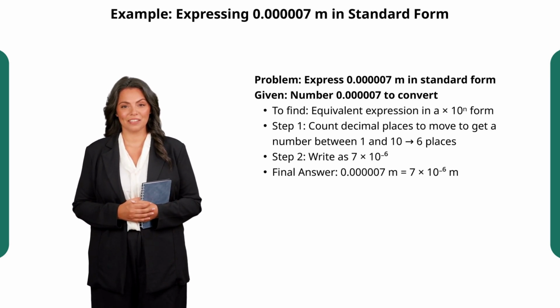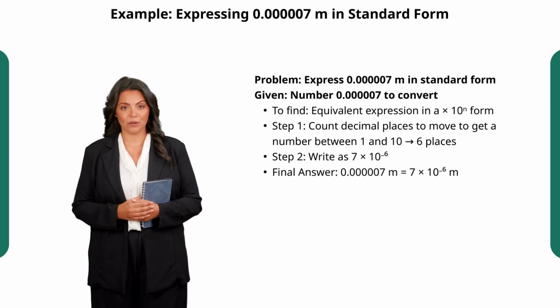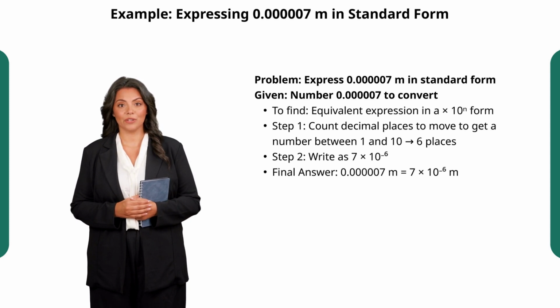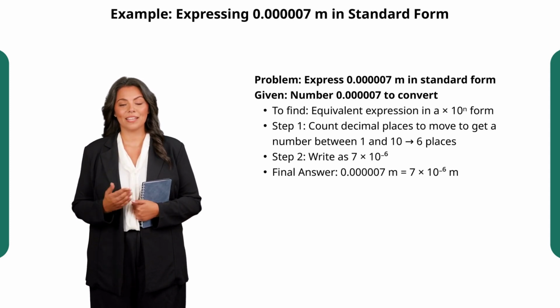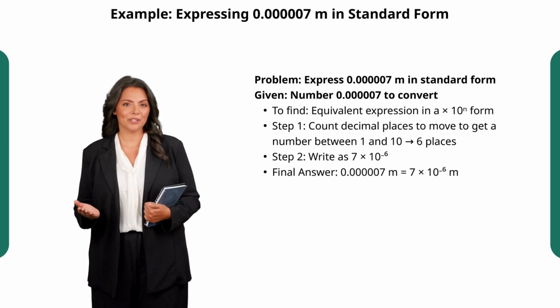Here we move it 6 places, converting it to 7. Step 2. Because we move the decimal point to the right, our exponent will be negative. So the number becomes 7 times 10 to the power of negative 6. Therefore, 0.000007 meters can be neatly written as 7 times 10 to the power of negative 6 meters.